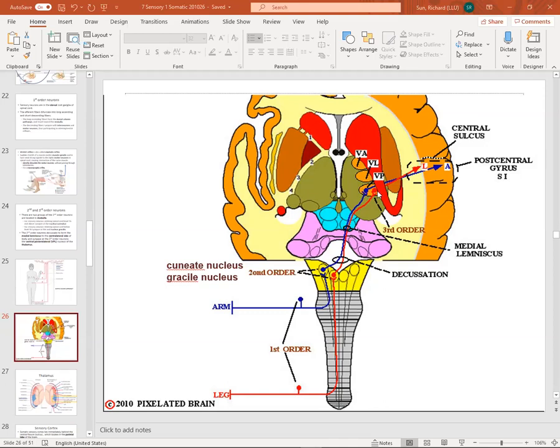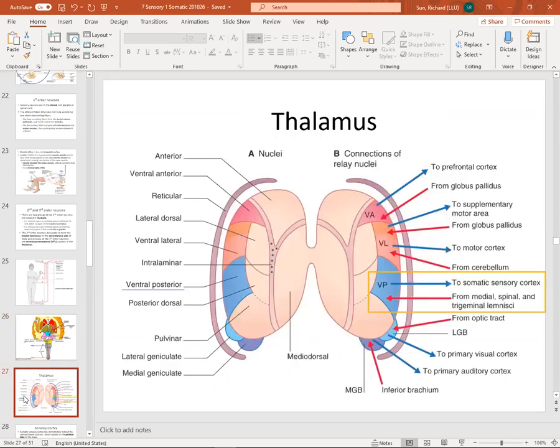Now let's look at this thalamus. Thalamus is the hub of the brain. It's like a bus, like a central station, where everything will come in here and go out. Everything from the periphery will come in here, meaning all the sensory signals.